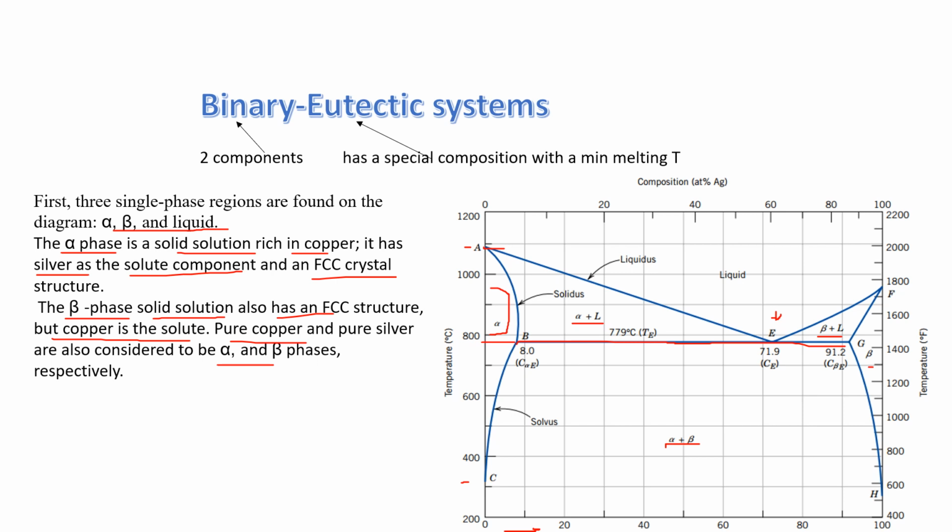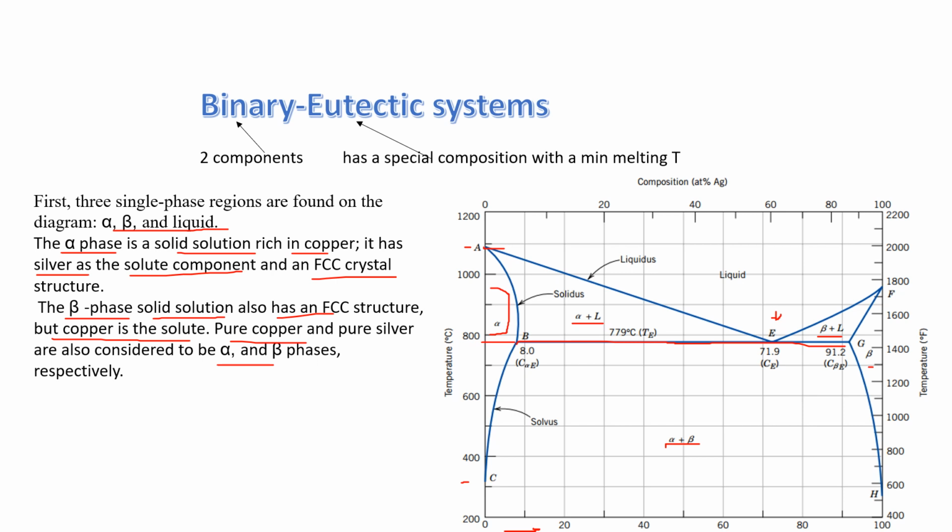What do we call the temperature parallel to BEG? This is the eutectic temperature.